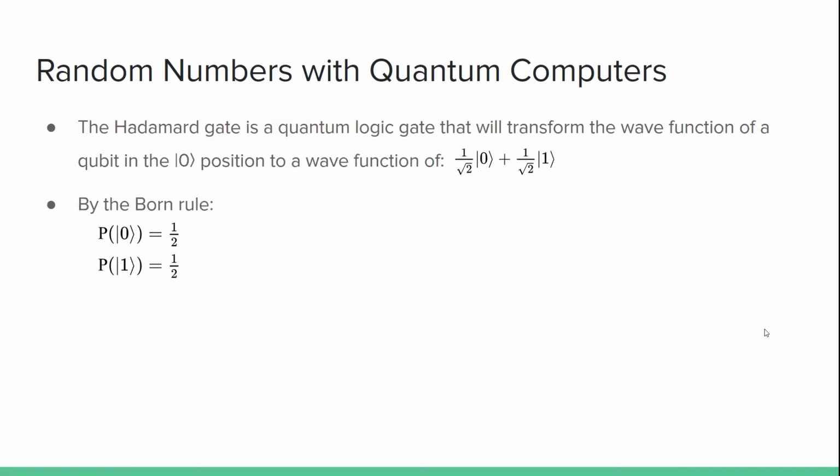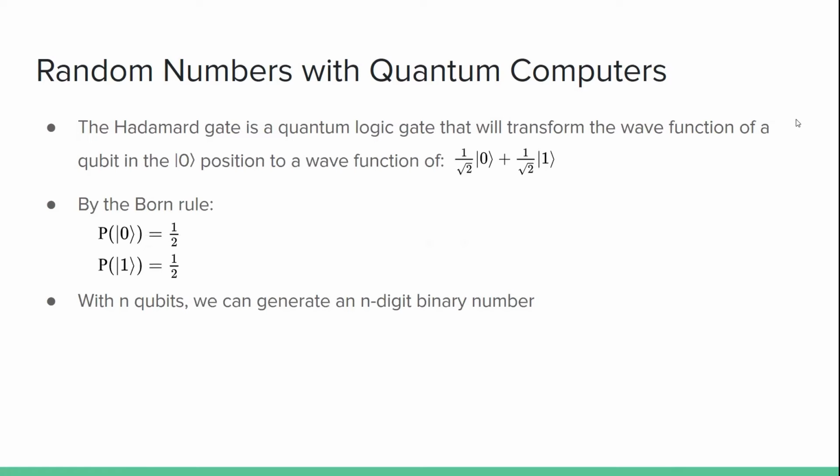What that basically means is that when you measure the state of the qubit, when you observe it, you will get half the probability of getting 0 and half the probability of getting 1. That's because the Born rule states that the probability of getting any eigenstate is equal to the square of its coefficient. In our case, since the coefficients are 1/√2, we get a 1/2 chance.